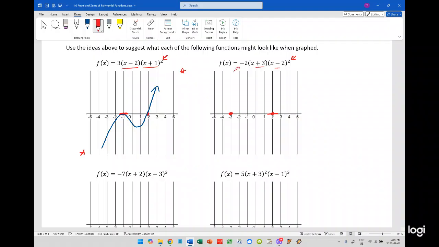It's got a negative leading coefficient, which means it starts high, ends low. So it starts high, goes through the axis at the regular root, comes up, just touches the axis and goes back down again. So the order 2 root, it does not pass through, just glances off of.